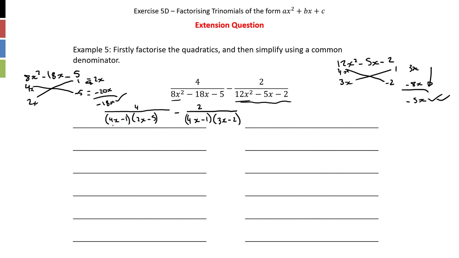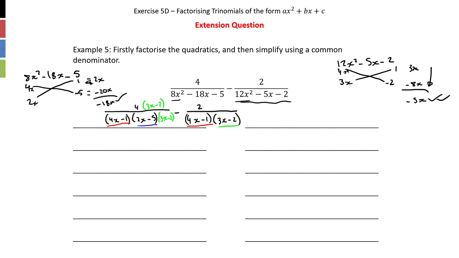Well, they're close. If you notice, we have a 4x minus 1 and a 4x minus 1 on both of these. It's only 2x minus 5 and 3x minus 2 that are different. So we can actually create like denominators. We just need to multiply. In this case, the first fraction, I'm going to multiply the top and bottom by 3x minus 2, because 3x minus 2 divided by 3x minus 2 is 1, so they would cancel.